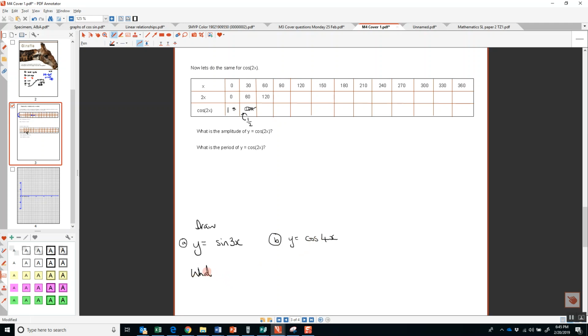What does the number in front of the x tell us about the period of the graph?